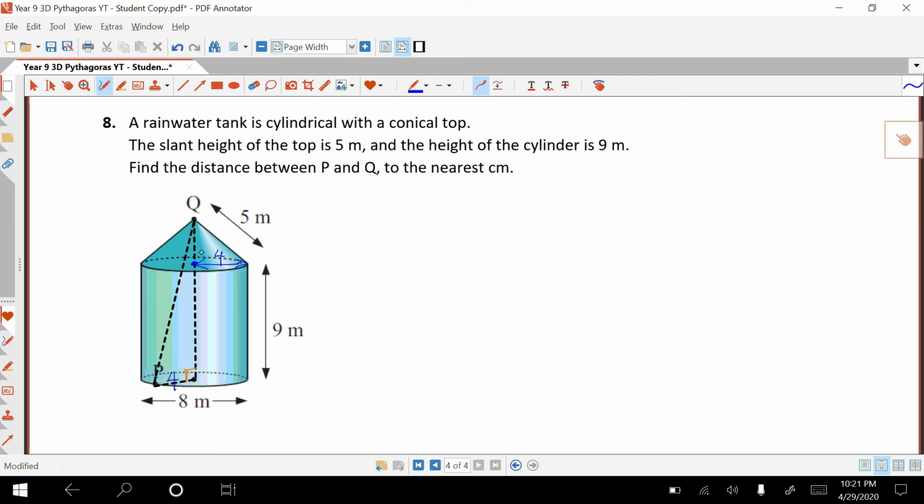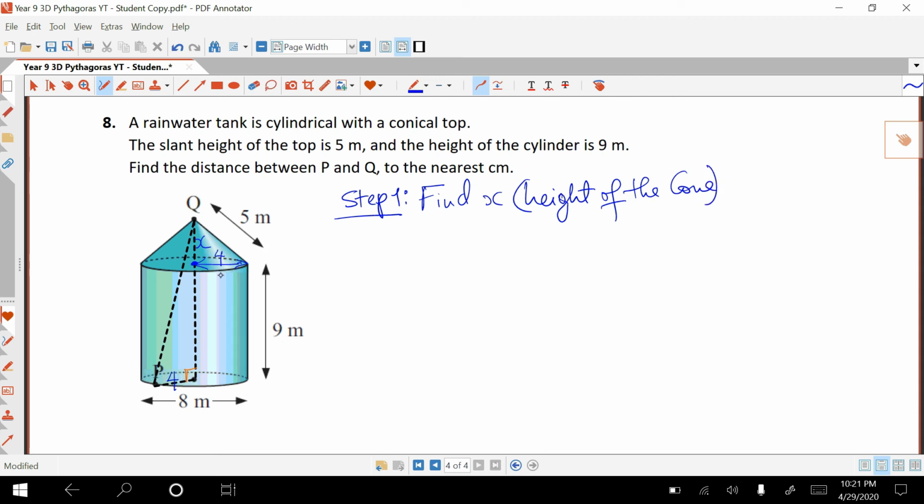So step 1, let the height of the cone be x. Let me write this properly. So step 1, find x, and that is the height of the cone.